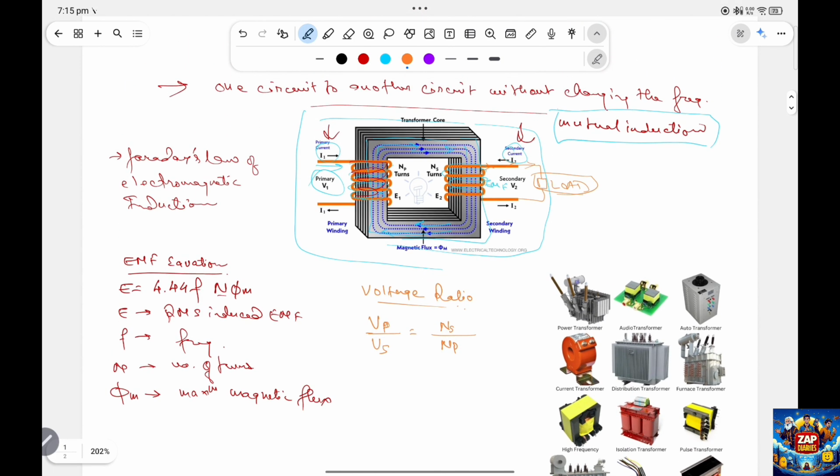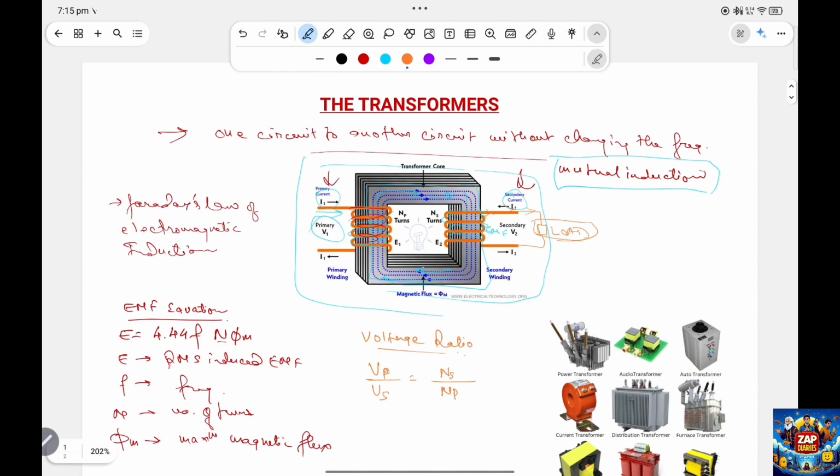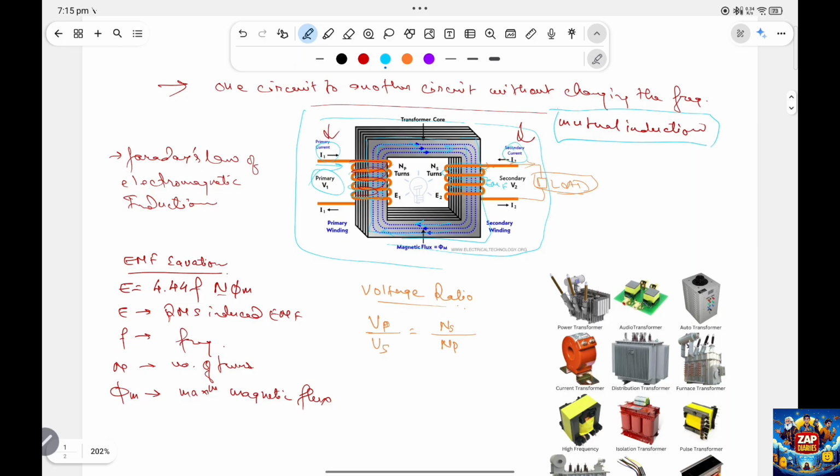Now coming into the classification of transformers, and before that, the applications where you can find a transformer in our daily usable life. We have transformers in our mobile phone chargers, power adapters, laptop chargers or adapters, even in the UPS, inverters, microwave, refrigerators, even in audio devices like DJ and all stuff.